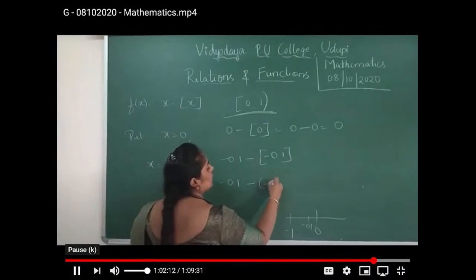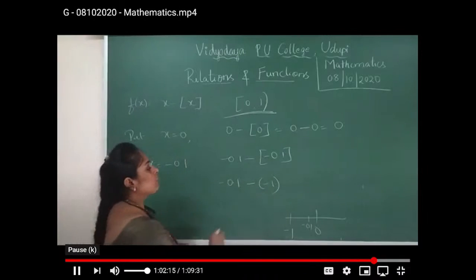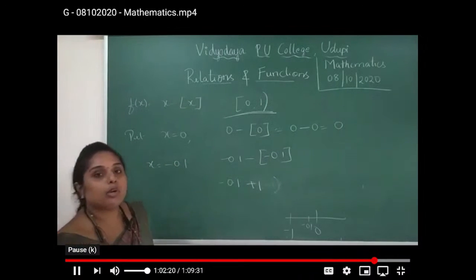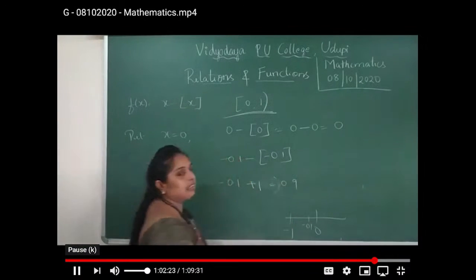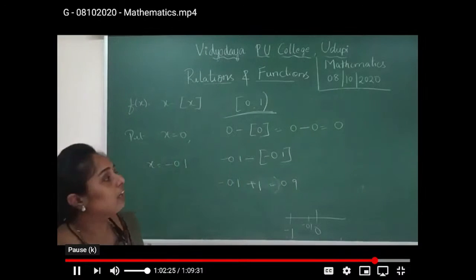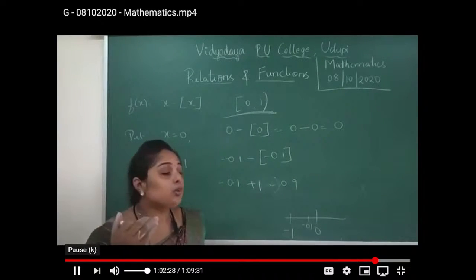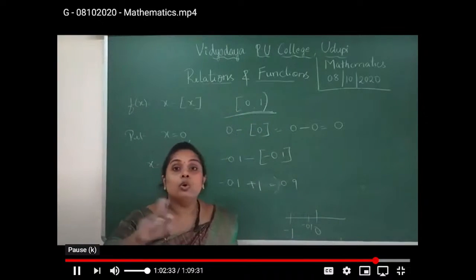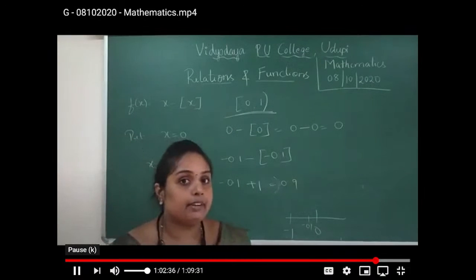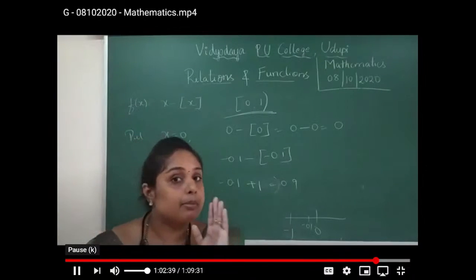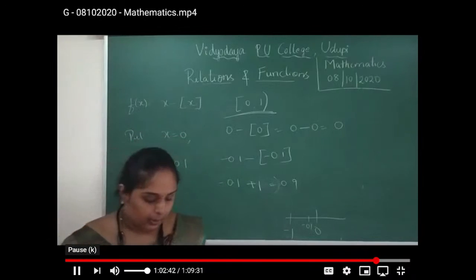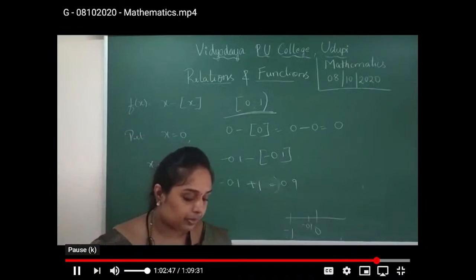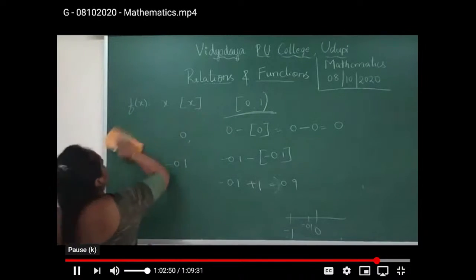So minus minus plus 1 you are going to get. What is 1 minus 0.1? This will be 0.9. So whatever value you check, you are going to get values between 0 to 0.9 only. You will never get 1. So this is closed interval 0 to open interval 1. Why is it open interval? Because I am not getting 1, but I can get up to 0.9999. Okay, this will do for the 11th problem.